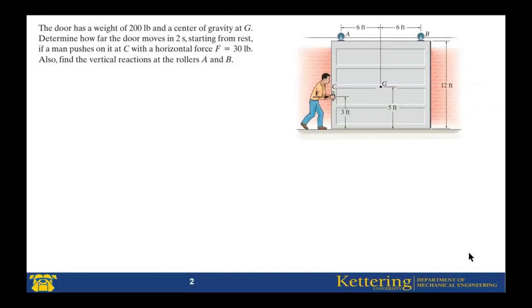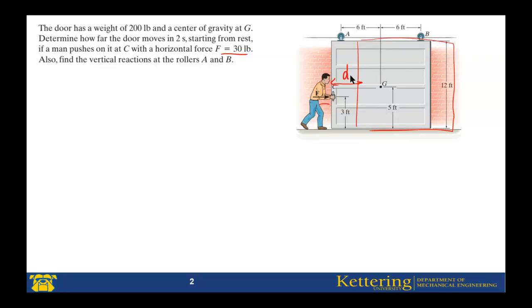And the center of gravity is given. We want to know how far the door moves in 2 seconds. For example, if this person pushes with this force, the magnitude of the force is given, and we find how much this door moves.